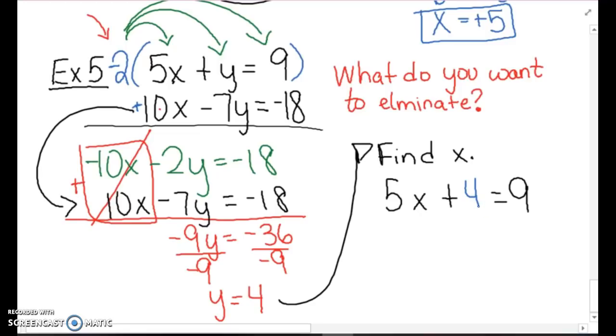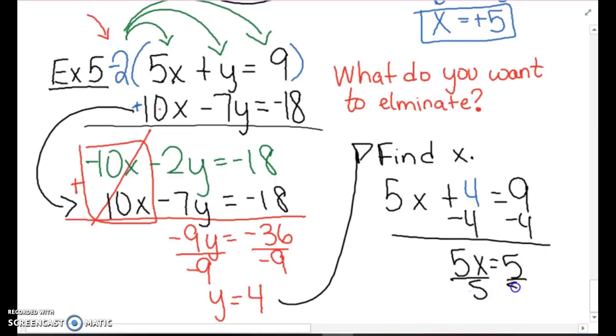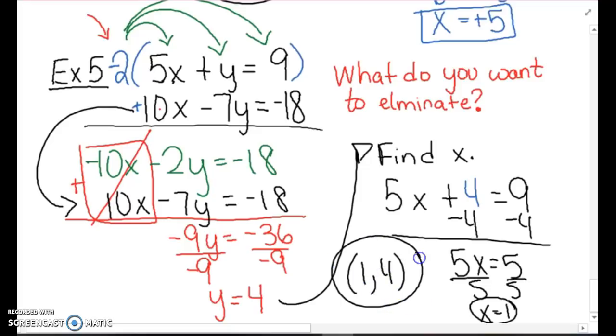And now we're going to solve. Subtract 4. x equals 1 and y is 4. So our solution is x is 1 and y is 4.